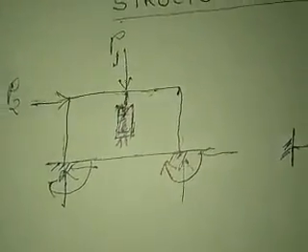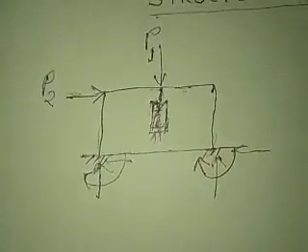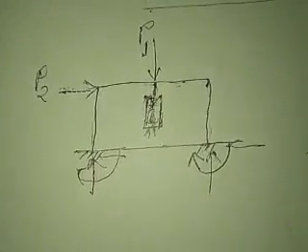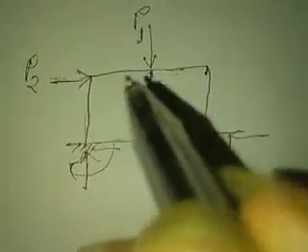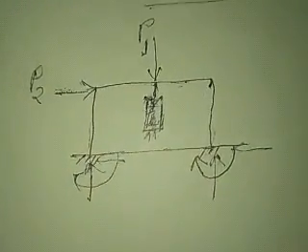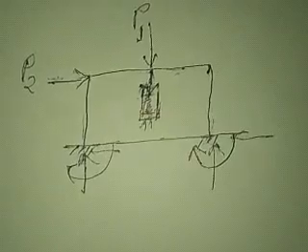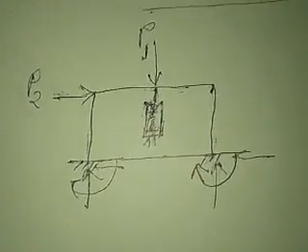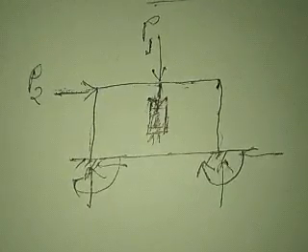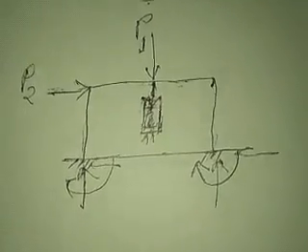So how is the structure transferring these loads to the ground, with the deformation of it within limit, so that nobody will get injured because of its failure?